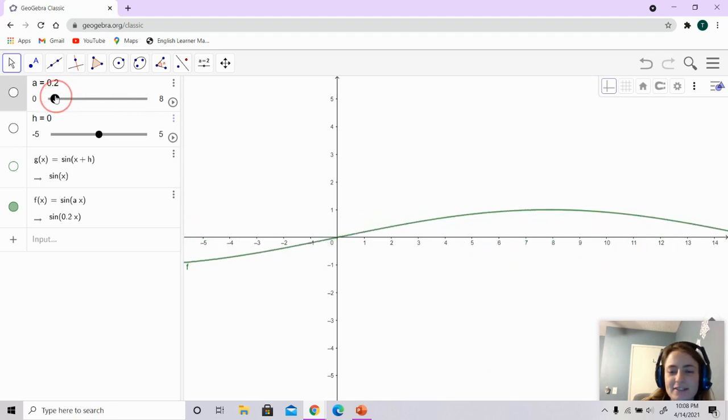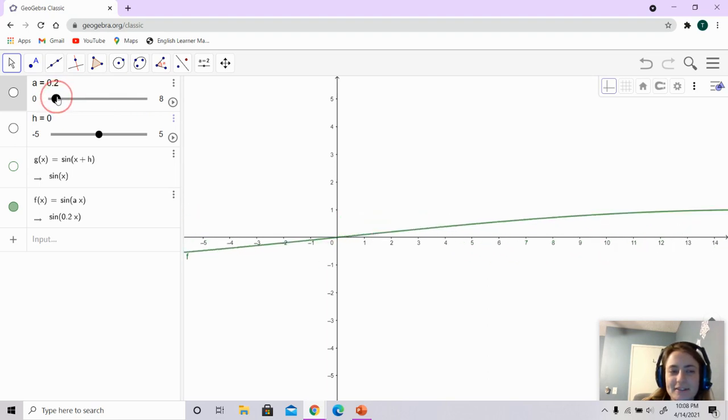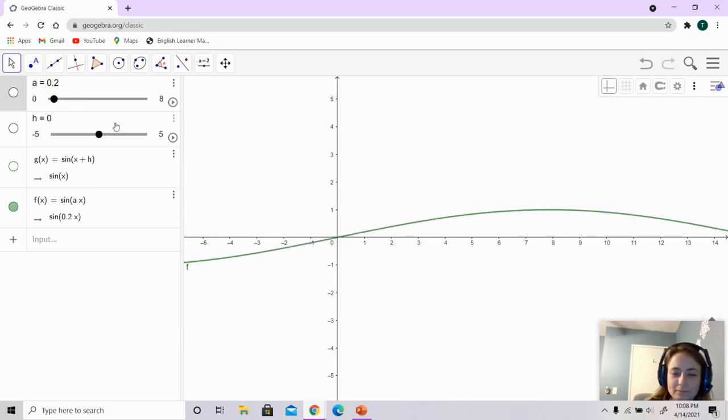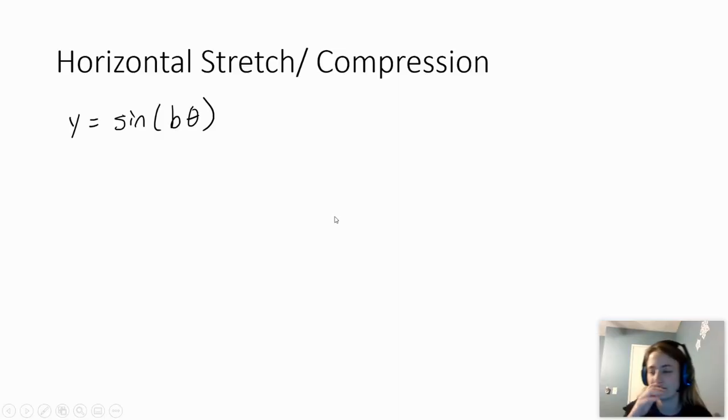It really stretches it out. So we saw this constant here. When that changes, if it's greater than 1, it really compresses the sine graph, and if it's less than 1, it stretches it out a lot.